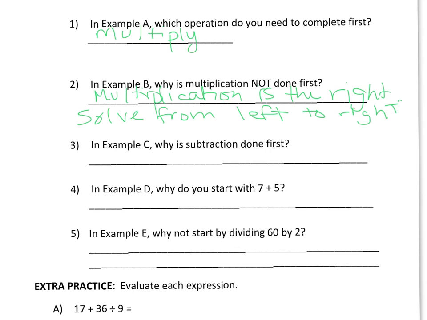Now, in example C, why is subtraction done first? In this case, subtraction is done first because it's inside the grouping symbols.